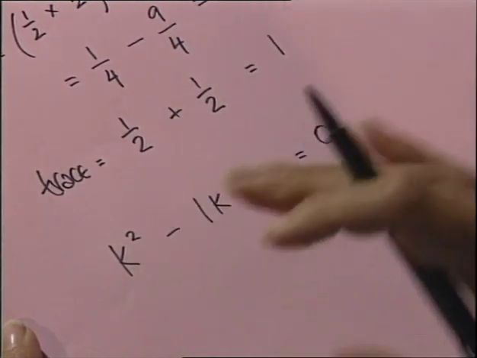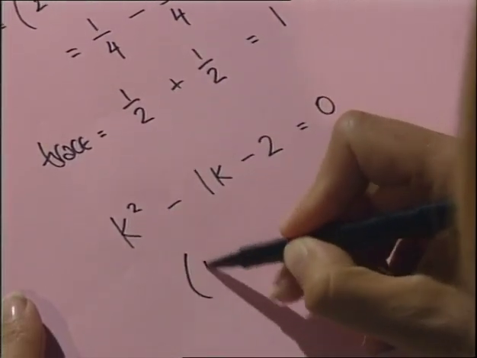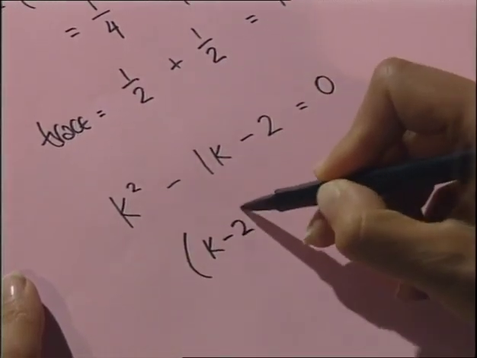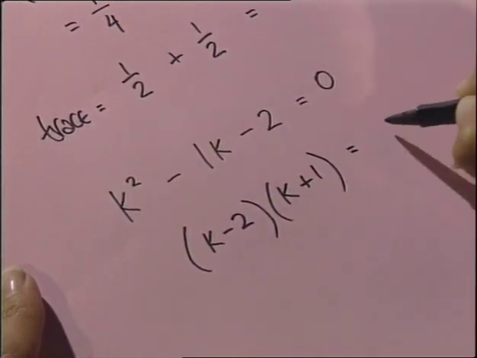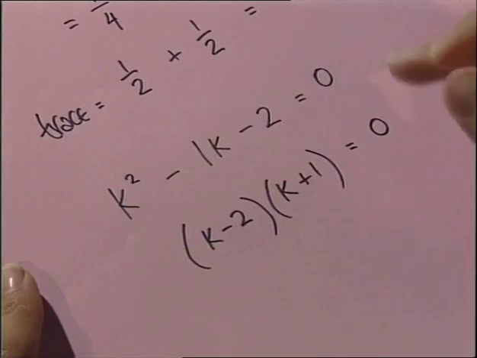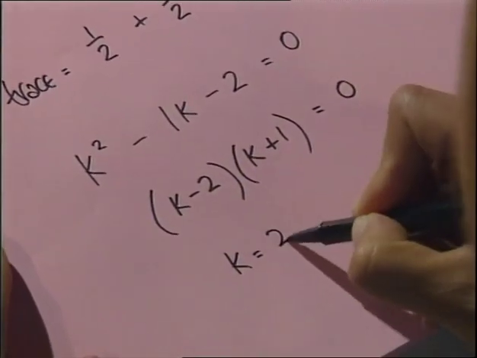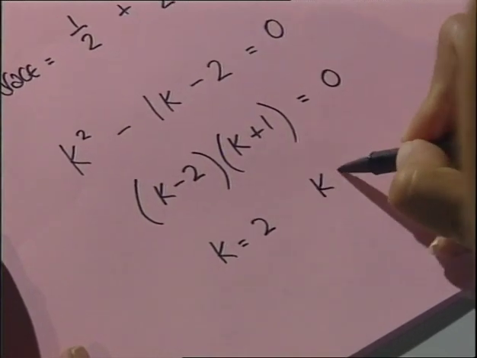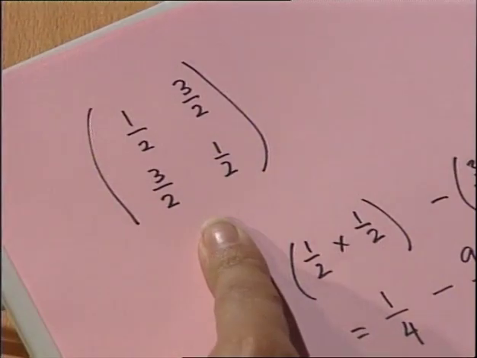That's a quadratic equation, and fortunately it factorizes: k minus 2 times k plus 1 equals 0. So the solutions are k equals 2 and k equals negative 1. And those are the eigenvalues of this matrix.